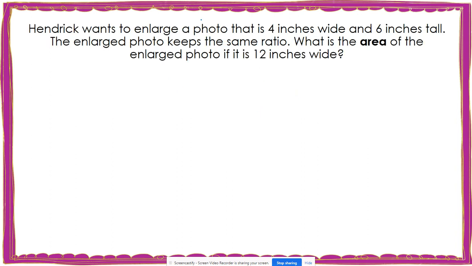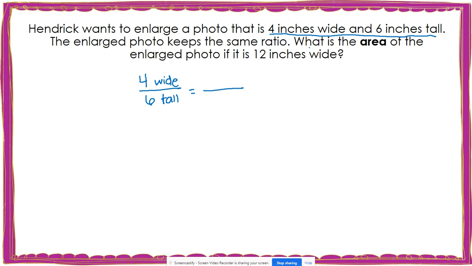Hendrik wants to enlarge a photo that is 4 inches wide and 6 inches tall. The enlarged photo keeps the same ratio. What is the area of the enlarged photo if it is 12 inches wide? So the photo is enlarging at the same rate, so we're going to start with the original photo. Our original photo was 4 inches wide and 6 inches tall, so that's going to be our first ratio. It's 4 inches wide to 6 inches tall.